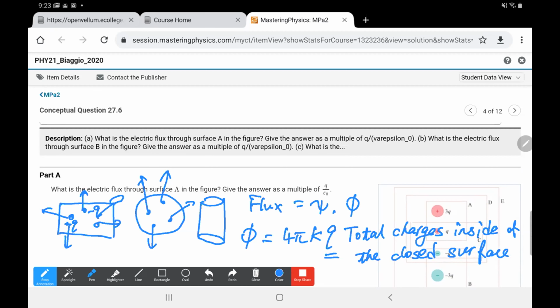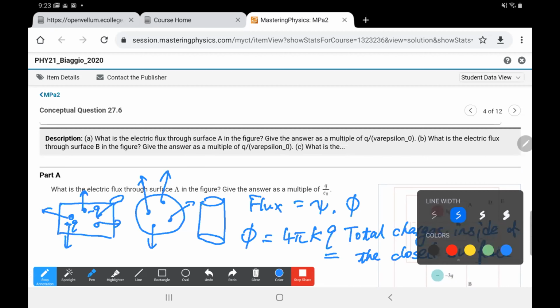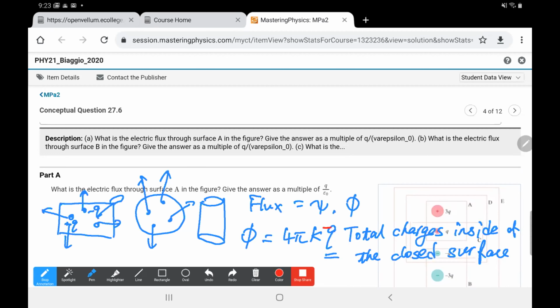So if we have 3 charges, we have to sum the charges this way. Sum up all the charges inside the surface.